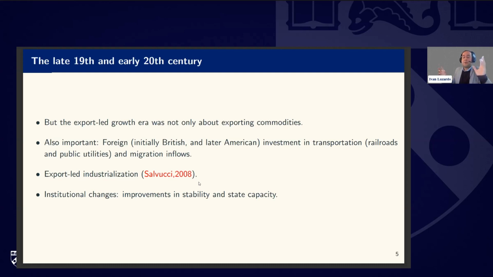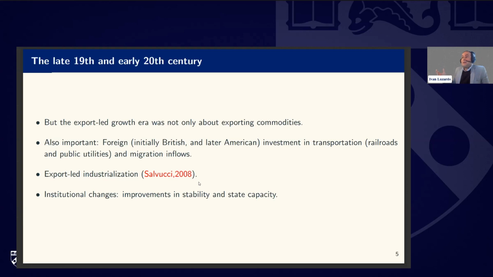Probably we don't see the same increase in other areas of the institutional framework that a country needs to have, a political framework consistent with long-run economic growth.